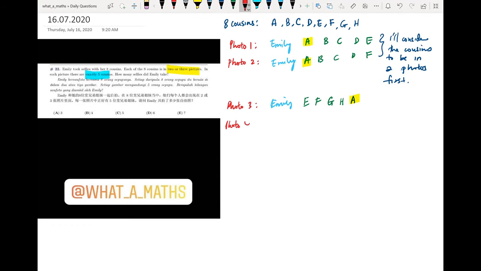So for photo number 4, I have a condition over here. We'll no longer consider A, because A is already in 3 photos.